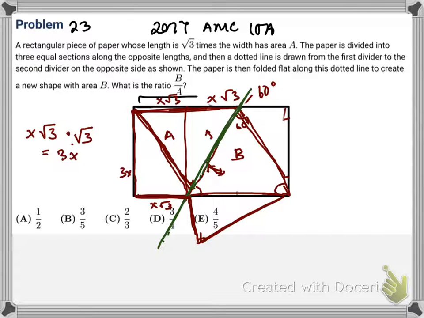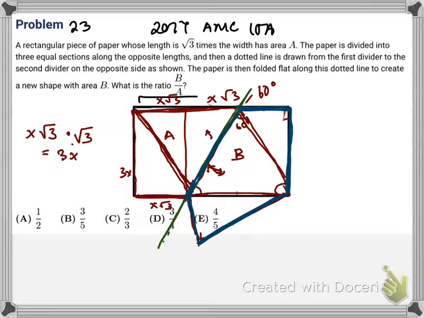So let me trace my new shape. I have this side, this equilateral triangle in the middle, which was from the other equilateral triangle being flipped over. And then this little piece, which comes from that edge over there. And then this piece, which has always been there. Now there's two ways I can go about this.